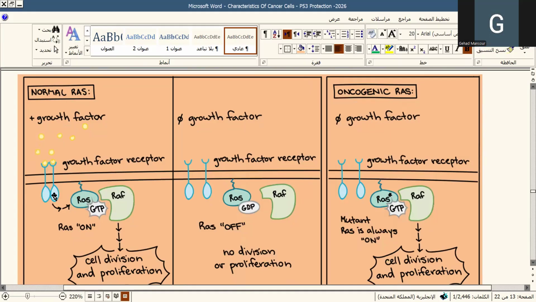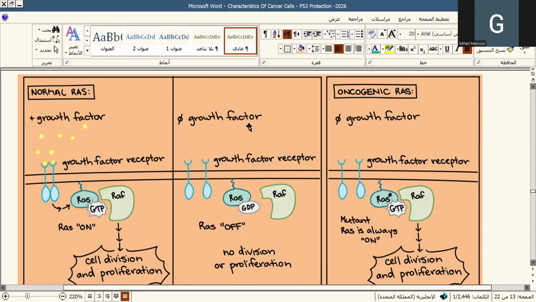So we have here the growth factor receptor, and if you have molecules of growth factor close to the cell membrane, the growth factor is the specific signaling molecule to the growth factor receptor, and the growth factor receptor is connected to this G protein, which is the RAS protein. The RAS protein will be activated and will bind to GTP, and this will result in cell division and proliferation.